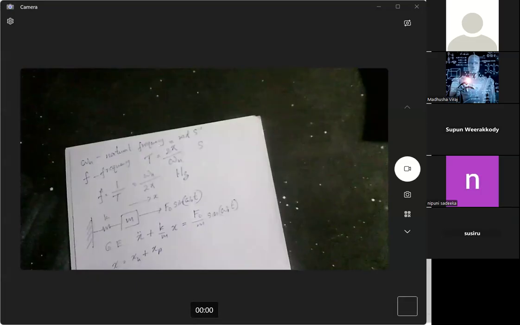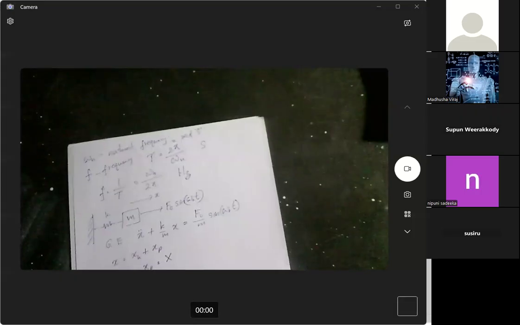Right? So let's assume xp as a constant, capital X, which is a typical notation, times sine omega naught t. Try to use the same thing because then it will be easier when you go to the next sections. Right?